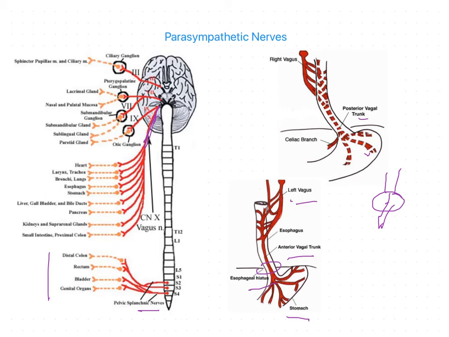Many small diffuse postsynaptic neurons within the organ walls innervate the smooth muscles, usually causing peristalsis, and glandular cells, causing them to secrete their products. So they usually function as secretomotor. So these are all about the abdominal part of the autonomic nervous system.